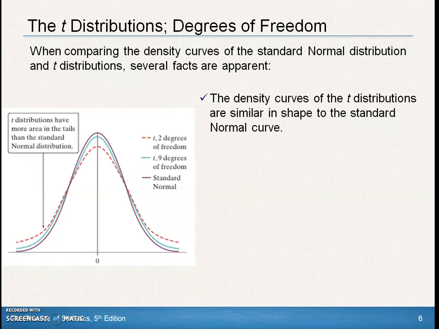That is when you have 9 degrees of freedom. And the red dashed one is when you have 2 degrees of freedom. So the higher the degrees of freedom, the closer you'll get to the standard normal curve. And you'll notice how the dashed one down by the x-axis gets spread out a lot more.